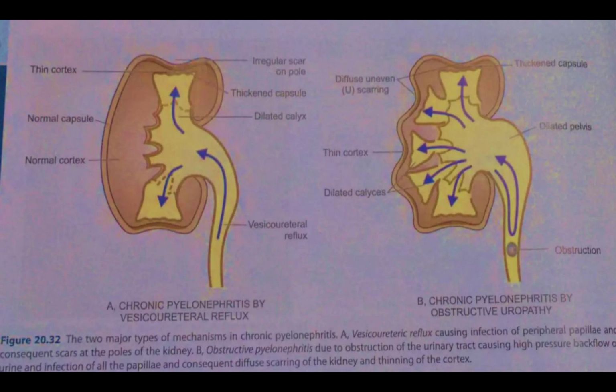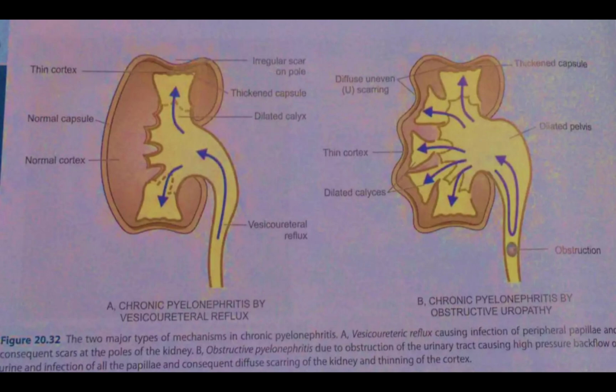And the chronic pyelonephritis by obstructive uropathy is also shown in this diagram, which shows the normal cortex, normal capsule and thin cortex, but it leads to vesicoureteral reflux, which is leading to the reflux of urine into the ureters, damage of the kidney and an irregular scar on the pole.